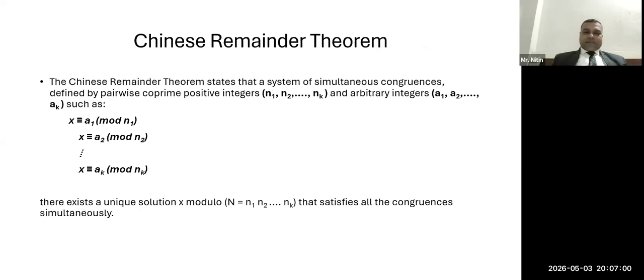The next concept is the Chinese remainder theorem. What does this theorem say?